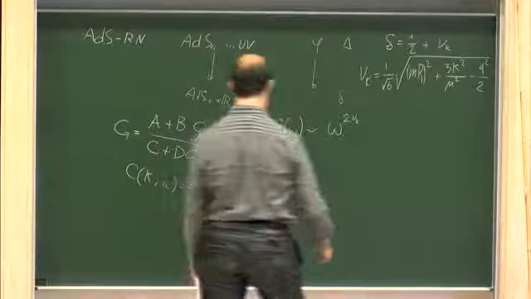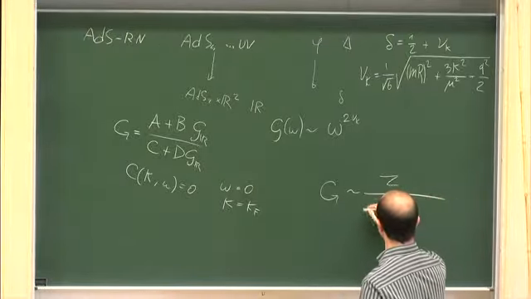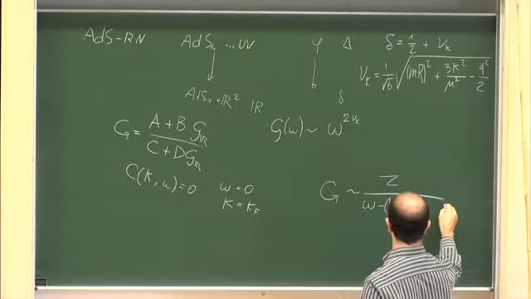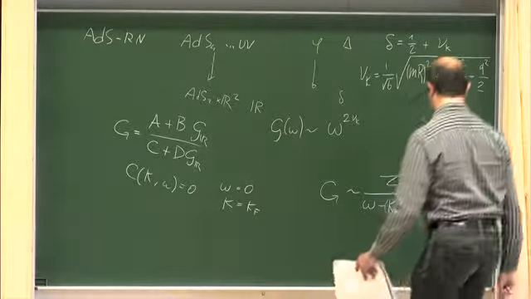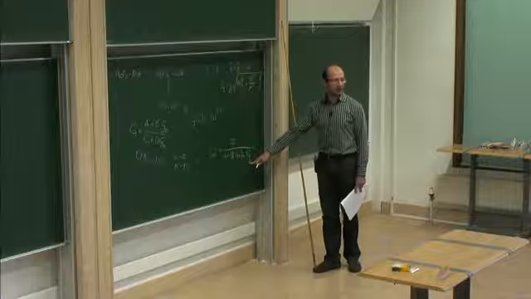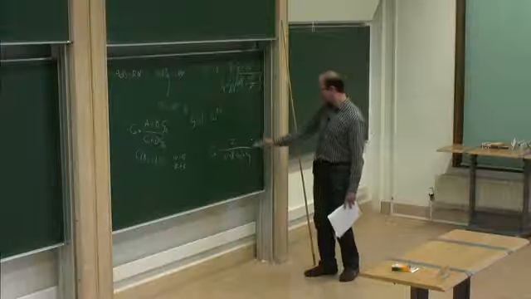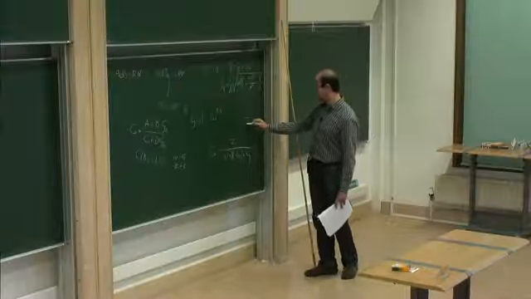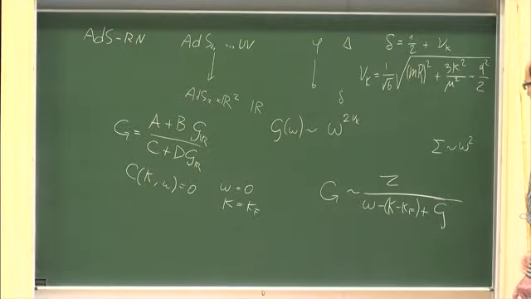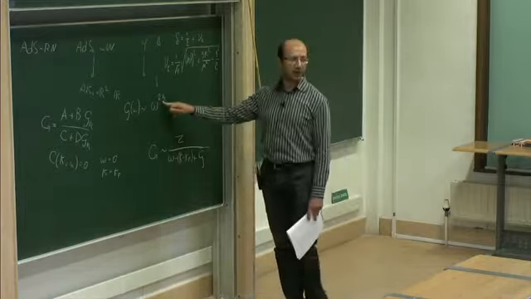So the Green's function will have the form of a Fermi liquid, but with a correction: this curly G plays the role of the self-energy, and the self-energy will be different because in a Fermi liquid you will have, instead of G, this sigma as omega squared, the first correction to the propagator from interactions, and this squared is replaced here by some non-trivial scaling exponent 2 nu.